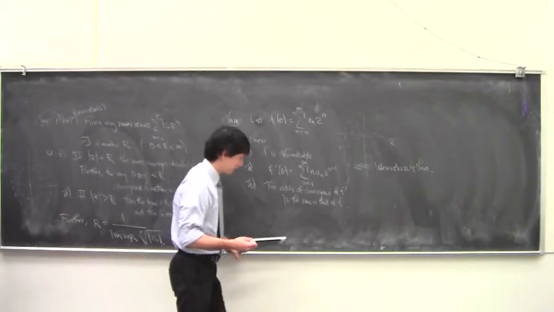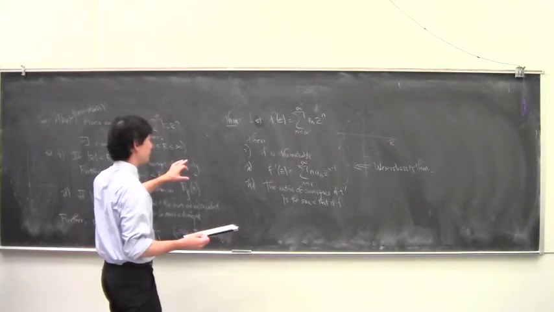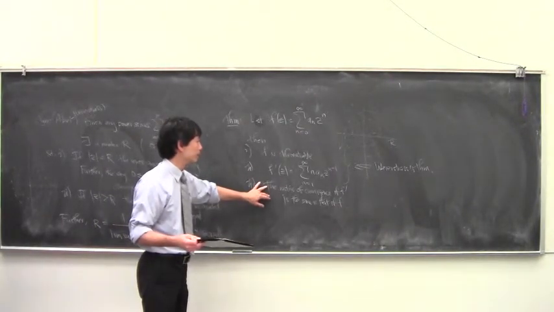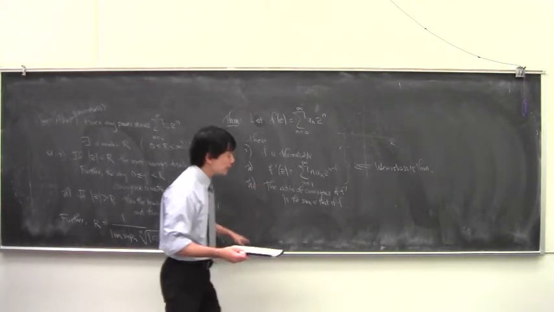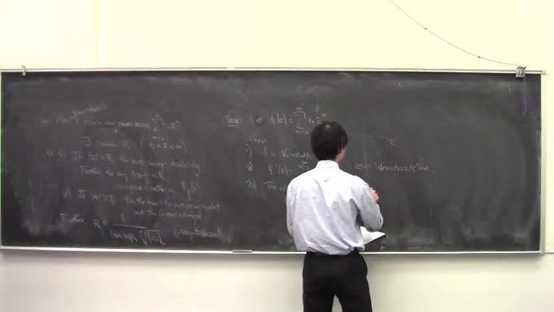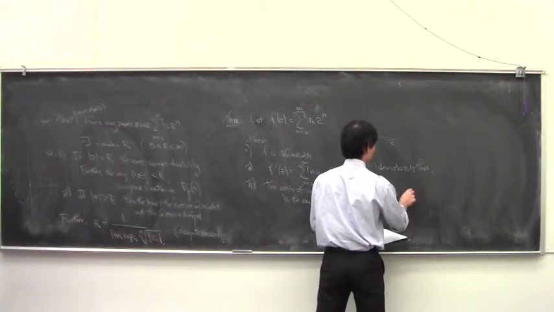Okay. So the only thing we really need to show is that the radius of convergence is the same as that of f. But that's also easy. Just apply Cauchy.